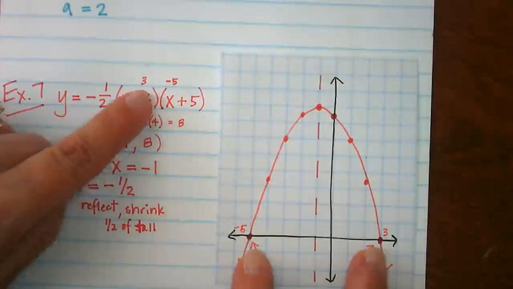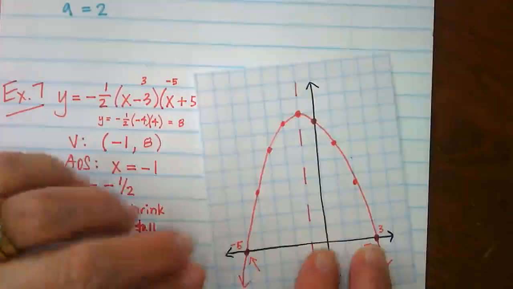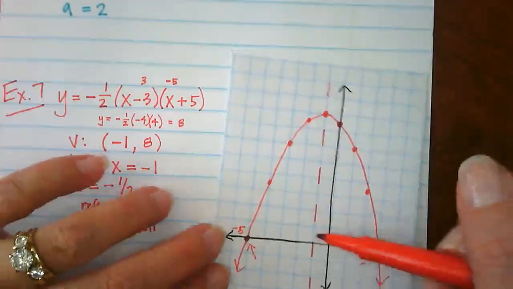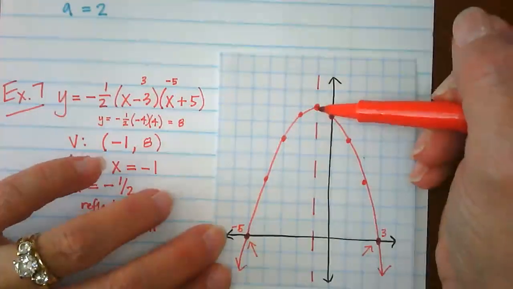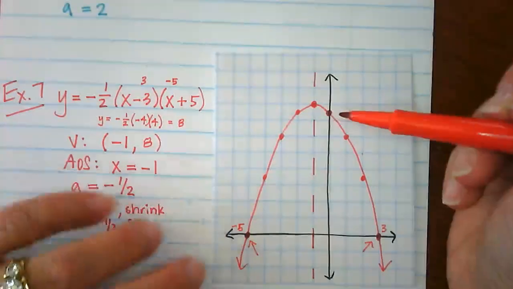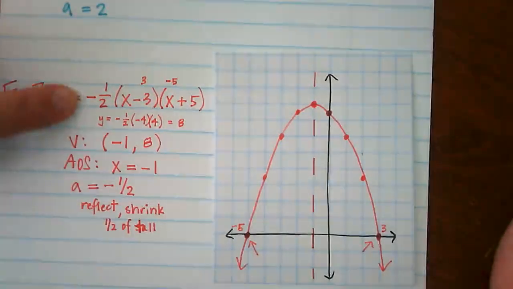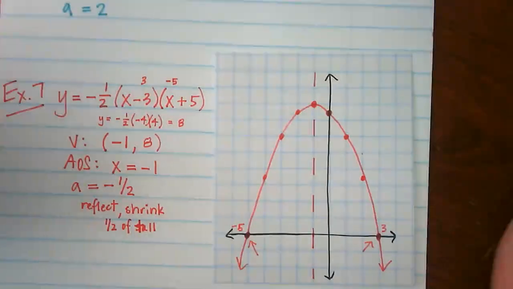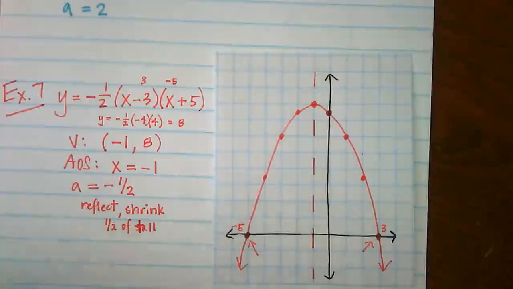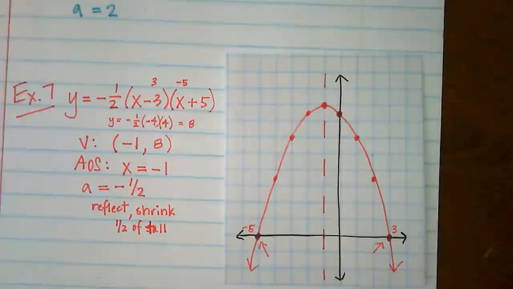So this one hits the x-axis at 3 and -5. Halfway in the middle is where the axis of symmetry and the vertex are located. And then, because of this right here, our parabola is going to go down instead of up, and it's going to be half the height of a normal parabola. So that's a lot to soak in, but I'm hoping that you are following that.